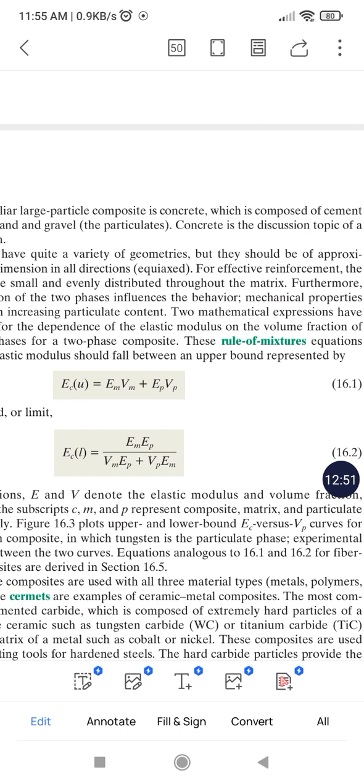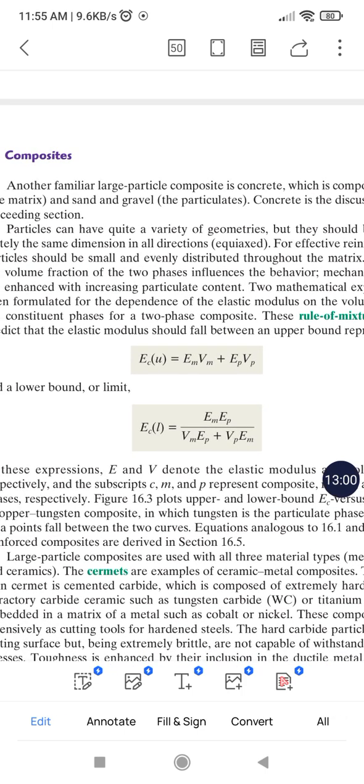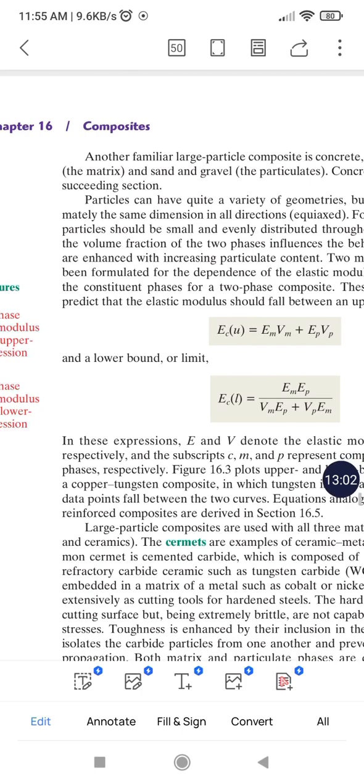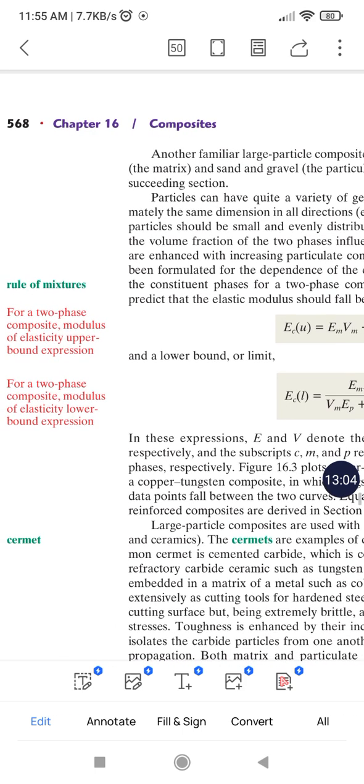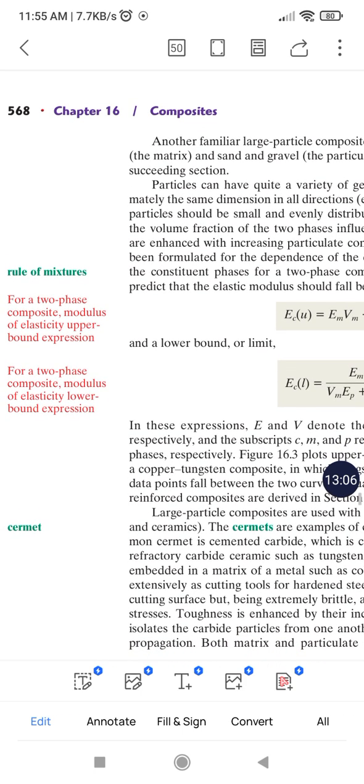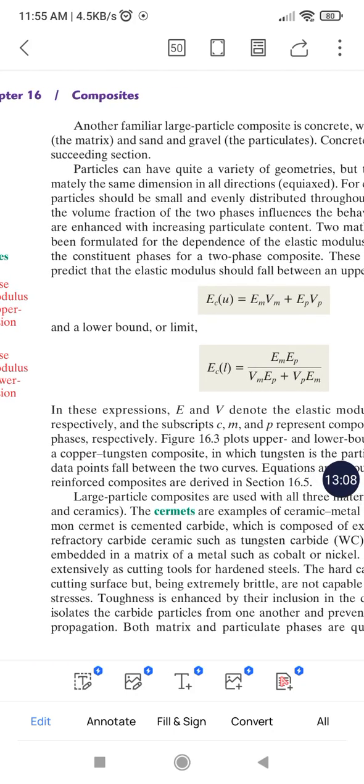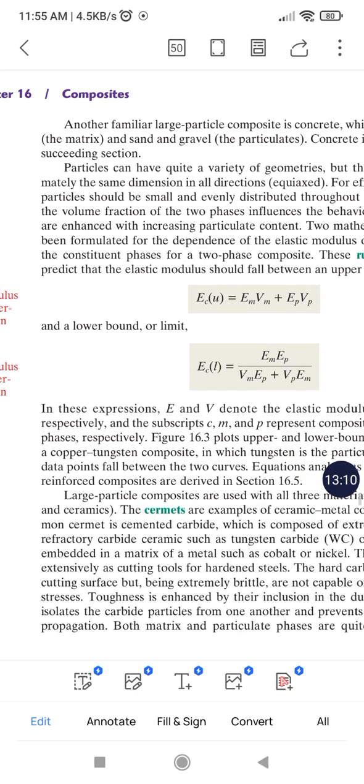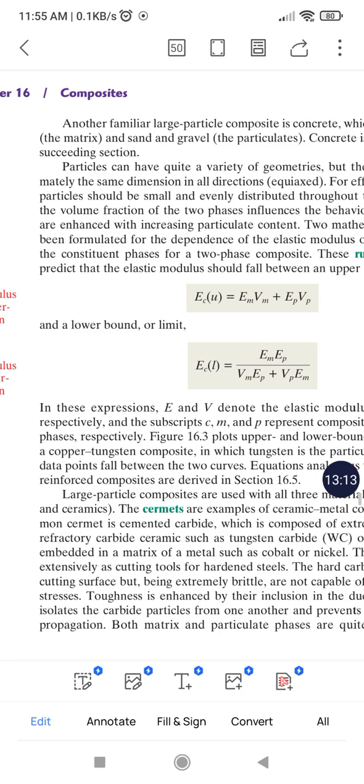Plus Ep Vp, where Ep is the elastic modulus of the particle and Vp is the volume fraction of the particle. This is the upper bound of the elastic modulus of composites. Now the lower bound expression is Ec = Em Ep divided by (Vm Ep + Vp Em).